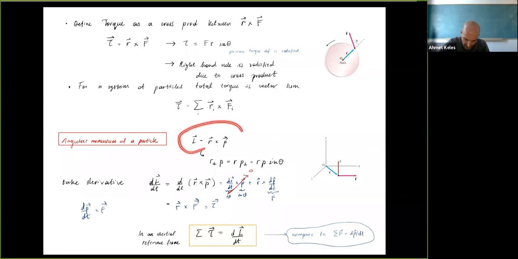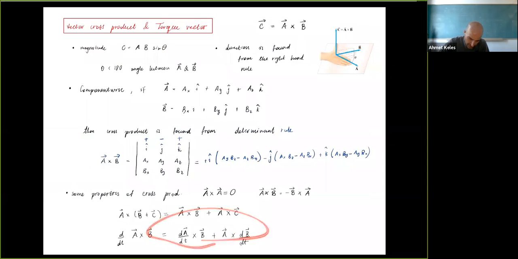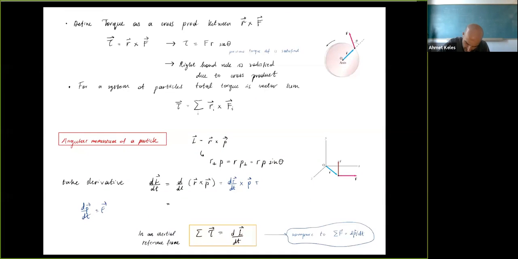And if you take the time derivative of this object, dL/dt, it's like d/dt of R cross P. So, maybe I can do this for you to see. So this whole thing is equal to dR/dt cross P plus, I'm just using this rule we just introduced here, R cross dP/dt.